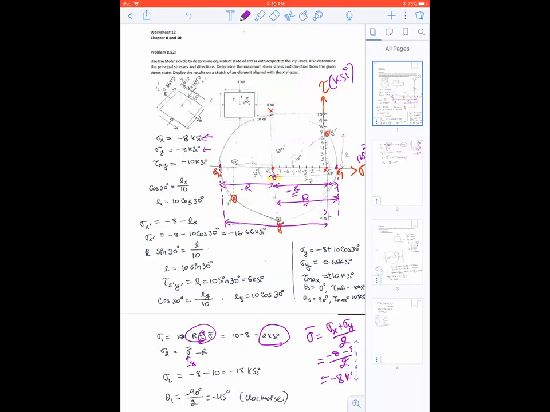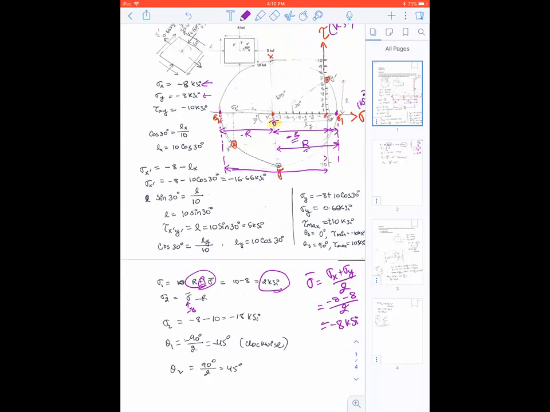Okay, this is what I wanted. So -8 minus r. So sigma bar is -8 and r is 10. So it gives you -18 KSI. So your sigma 2 is -18, sigma 1 is 2 KSI.